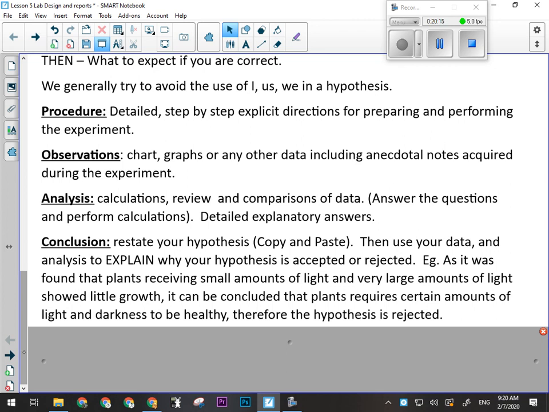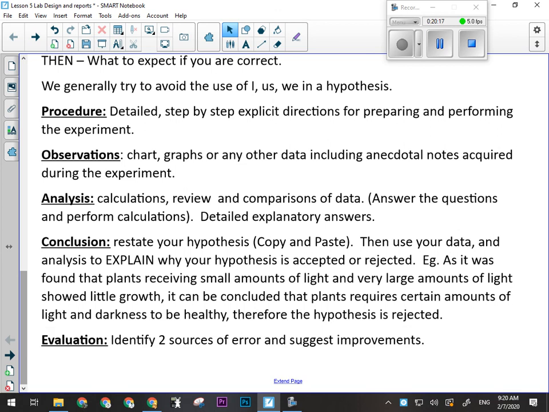And then lastly, you want to have two sources of error and suggest improvements. So in a lab like this, maybe we noticed that our light source put out some heat. And that could have affected the temperature for the plant while the light was on, possibly interfering with the results. What would we do in the future?